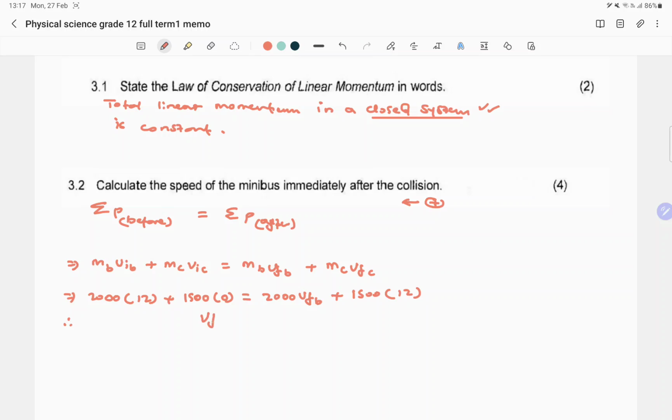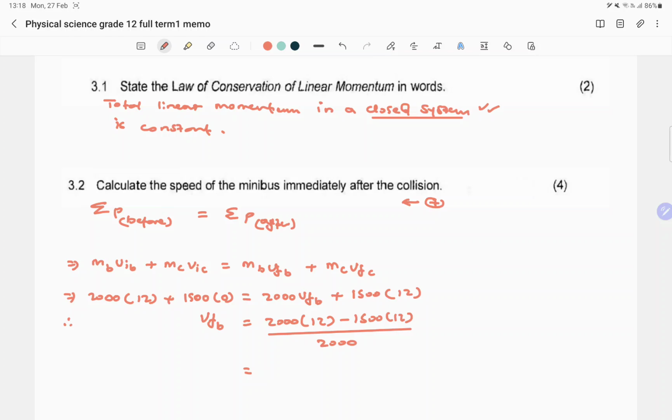Therefore, v final of the bus is going to be 2000 times 20, then we're going to subtract 1500 times 12, all of that over 2000.